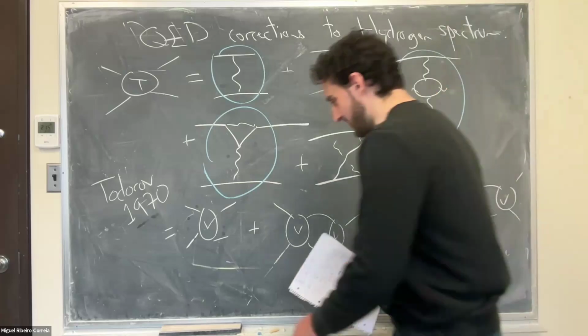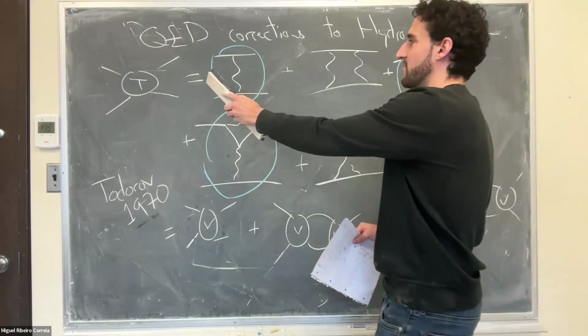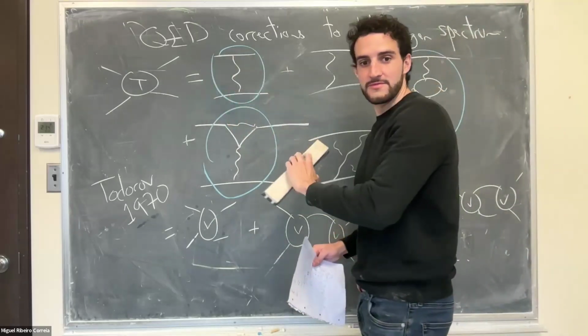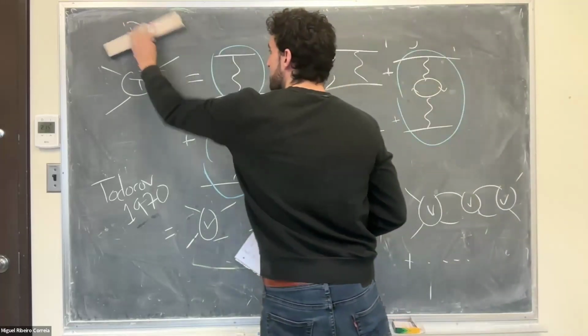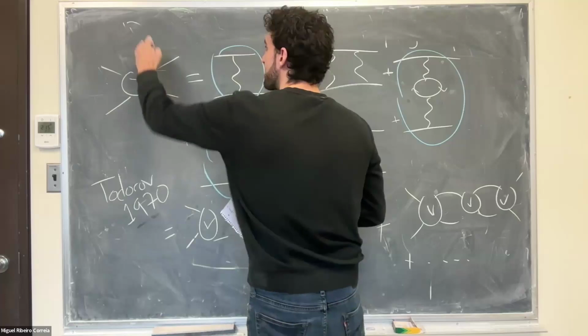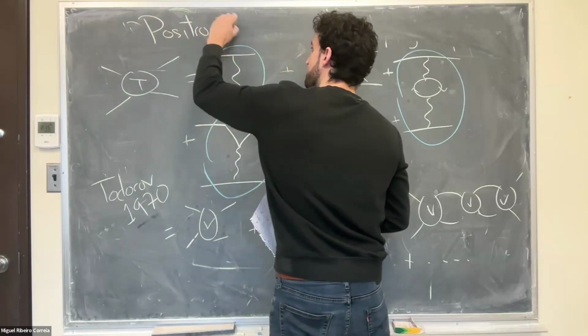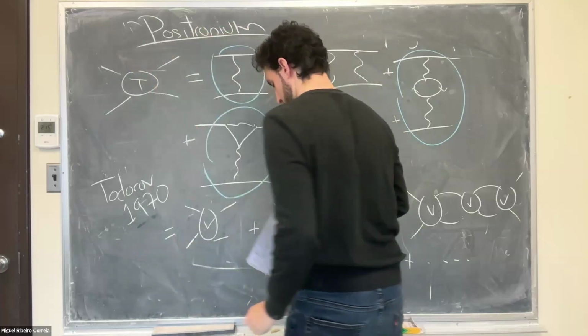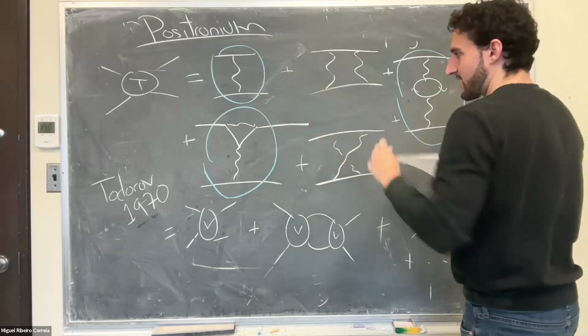So now I want to describe something which I think is very interesting, which is what is different for positronium. So if I don't do hydrogen atom, I do positronium. So for positronium, there are more diagrams.